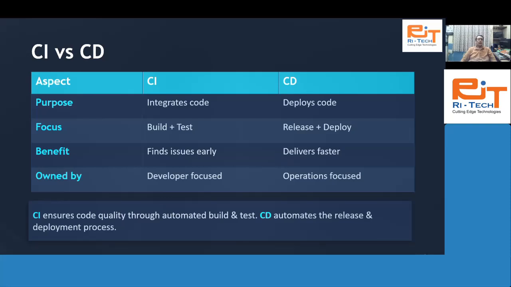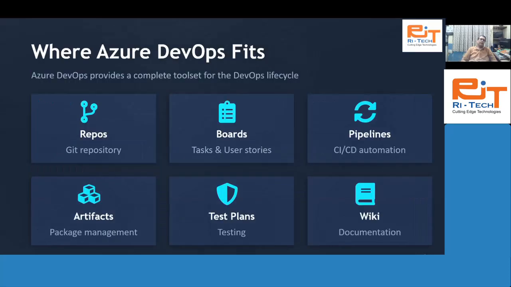CI ensures the code quality through automated build and test, and CD automates the release and the deployment process. Both together work integrated to form your CI/CD: continuous integration and continuous delivery or deployment.